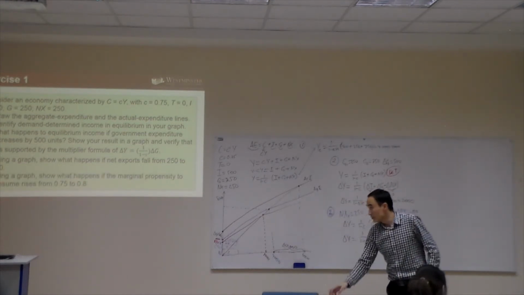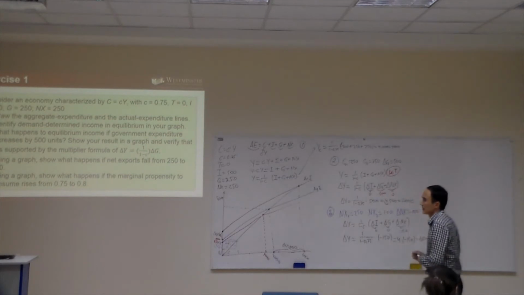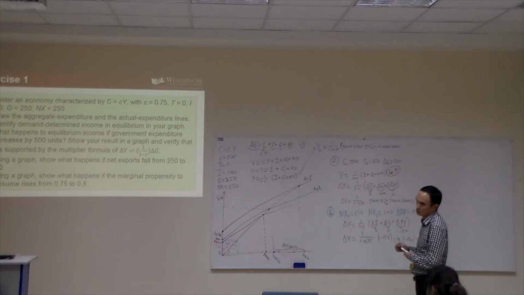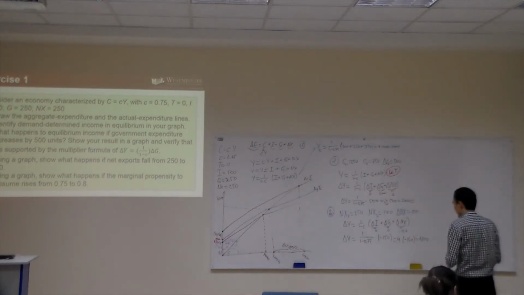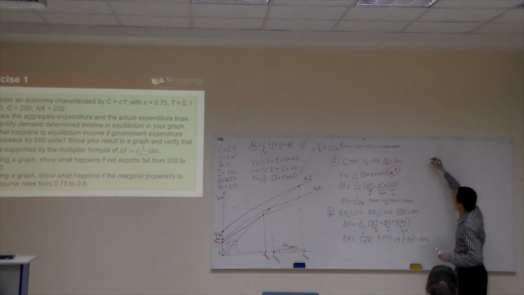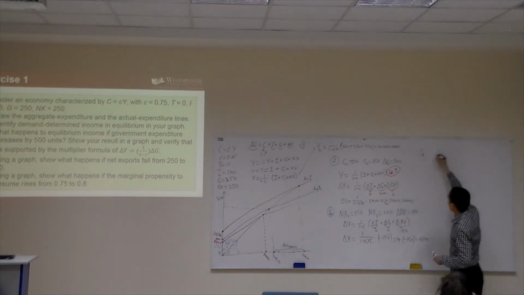Next. So now, again, using the graph, show what happens if the marginal propensity to consume rises from 75% to 80%. So now we are changing our marginal propensity to consume.